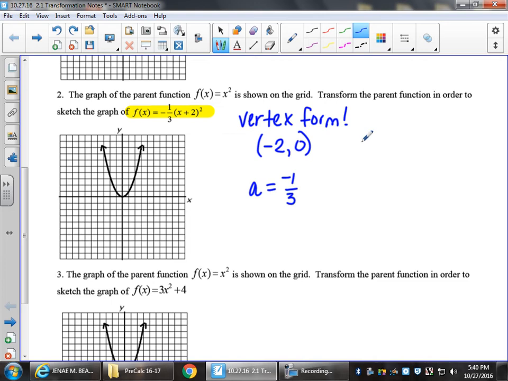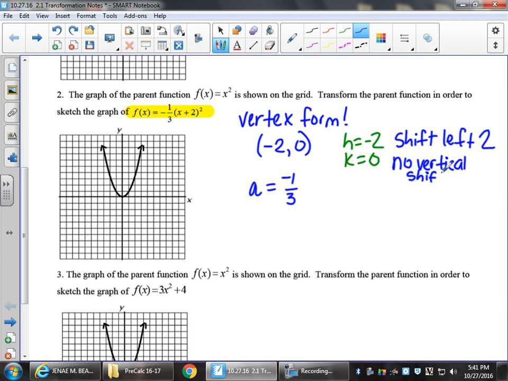Let's first look at our vertex. We know from that that h will be negative 2, k equals 0. This means a shift left 2. k equals 0, no vertical shift.